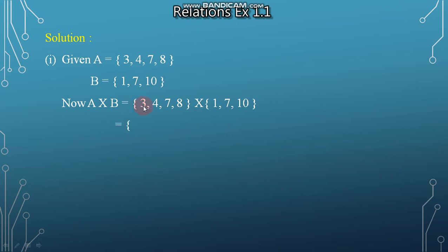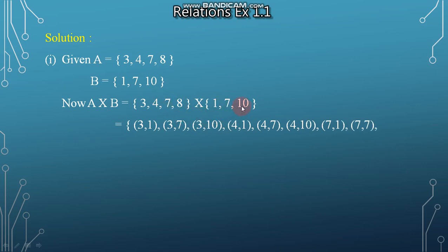The Cartesian product is (3, 1), (3, 7), (3, 10), (4, 1), (4, 7), (4, 10), (7, 1), (7, 7), (7, 10), (8, 1), (8, 7), (8, 10).